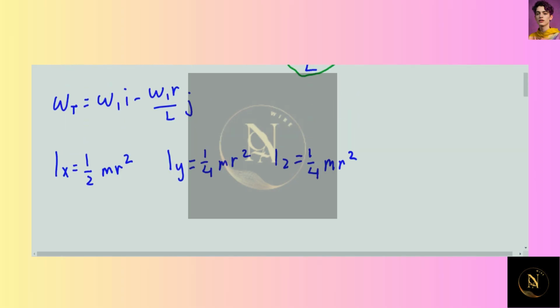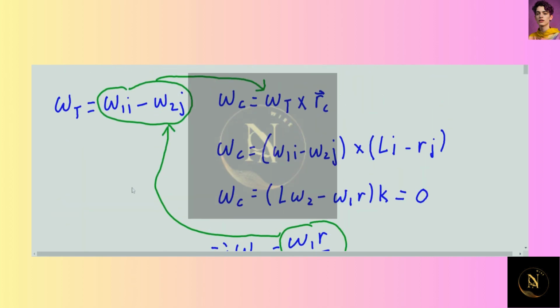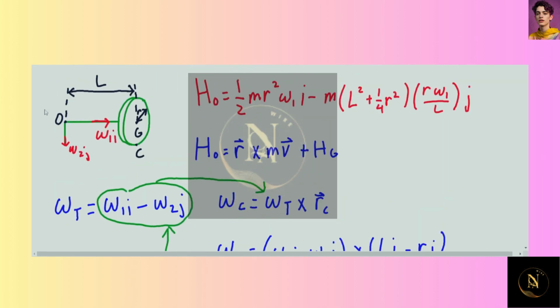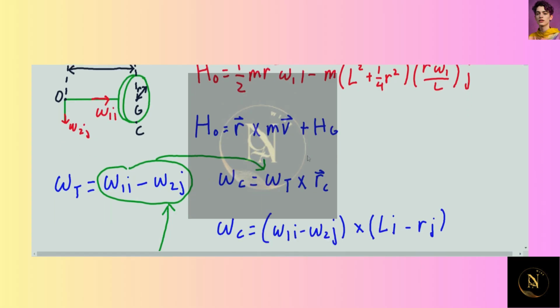Now the equation for the angular momentum about the point G. We're going to solve for this part of the equation, H of G. H of G is going to be equal to I x times omega x i plus I y times omega y j plus I z times omega z k.